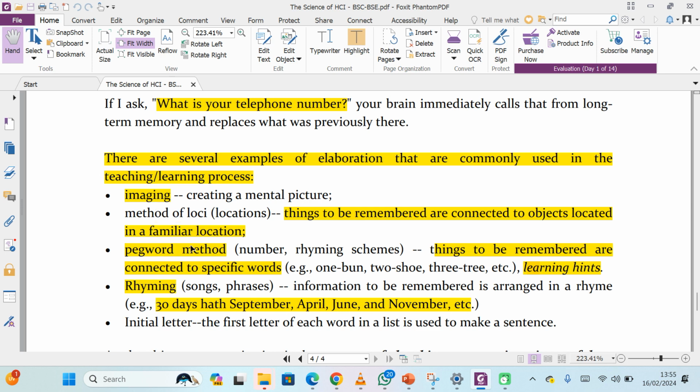They also have what you call the peg word or the rhyme. When information is in a rhyming structure, it's easily remembered. I normally don't listen to secular songs, but somebody like Sarkodie, when Sarkodie is rapping, you will see the rhymings, and with just a single line or two, I can rap those lines.